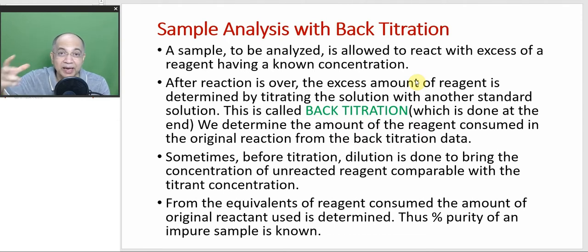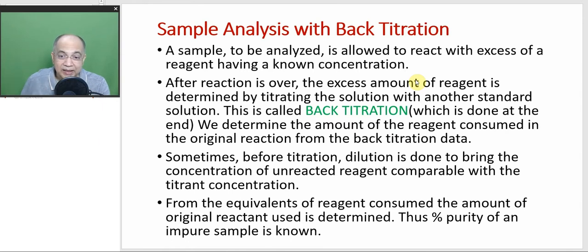You treat it with excess of sulfuric acid having known concentration, normality, and the volume that you add is also known to you. So the reaction is complete. The pure substance present in the sample is the limiting reactant. It is completely exhausted.